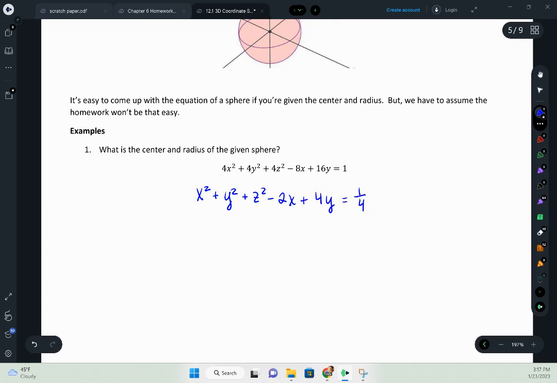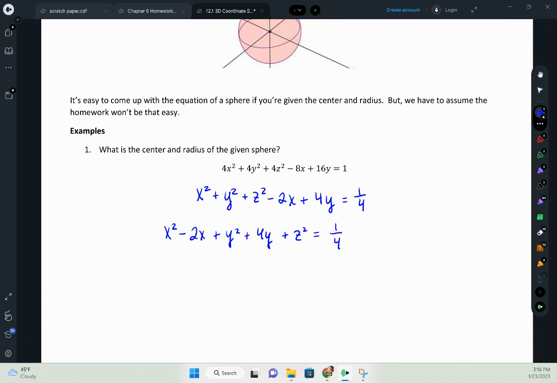Okay. Now what I need to do is group my x things together and my y things together, because they both have two items that have their variables in them. So when I regroup, I have x^2 - 2x + y^2 + 4y + z^2 = 1/4.